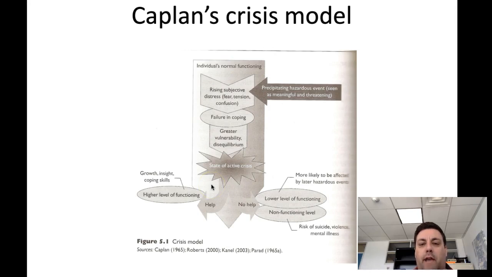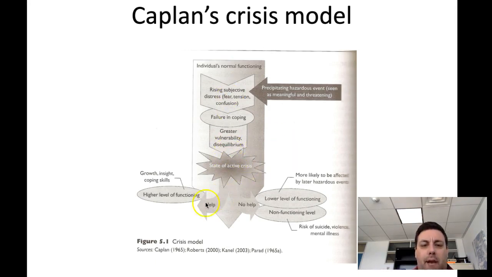And the whole point of that moment of help is to return them to this higher level of functioning, which in turn means that when they get back up here to this normal level of functioning, when the next crisis happens, they'll have more ability to tolerate whatever that crisis is going to be. They'll have more coping skills. They'll have greater distress tolerance, that kind of thing.